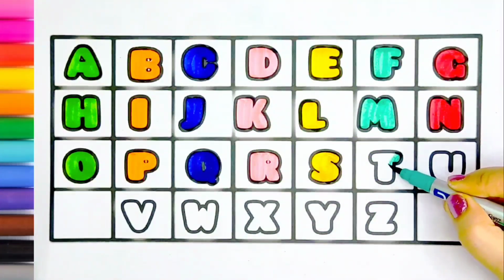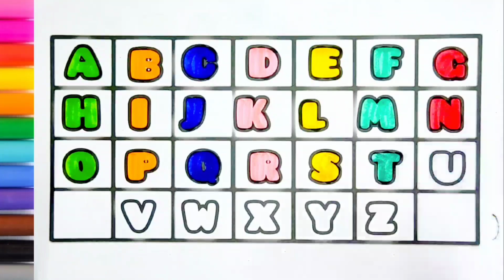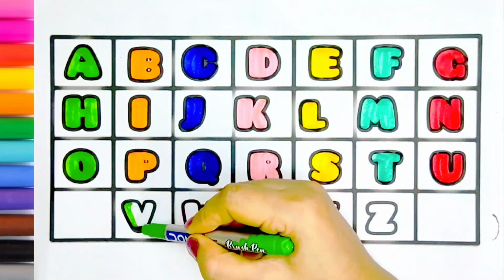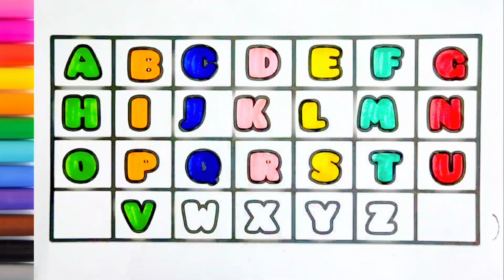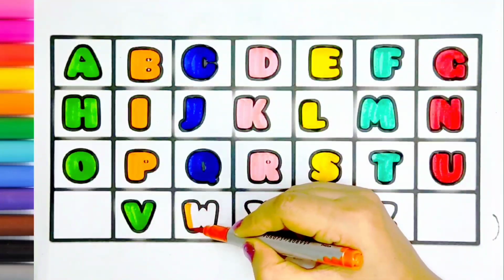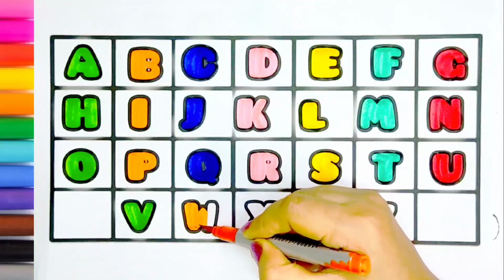Green color. T for tiger. Red color. U for umbrella. Light green color. V for pen. Orange color. W for wheel.